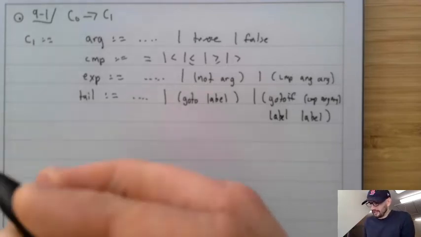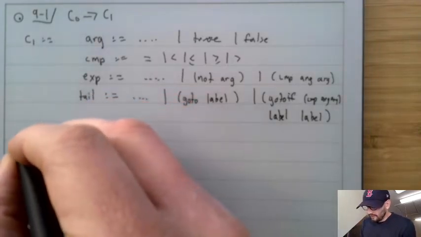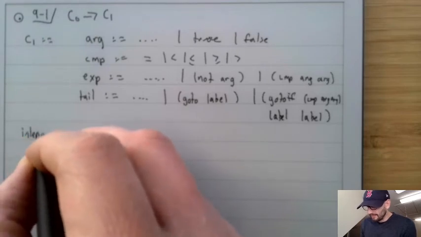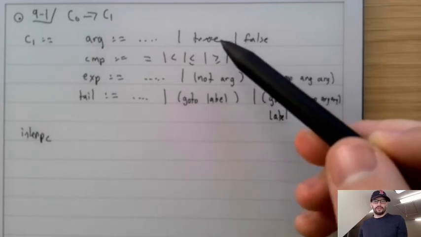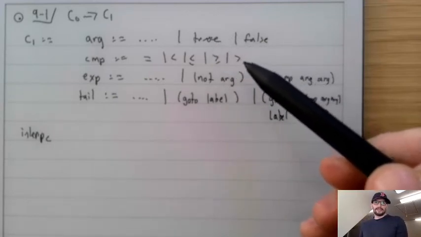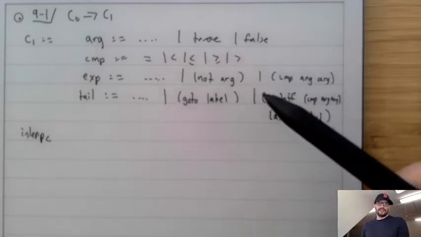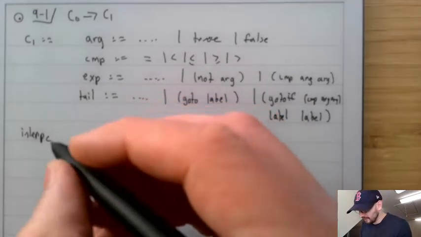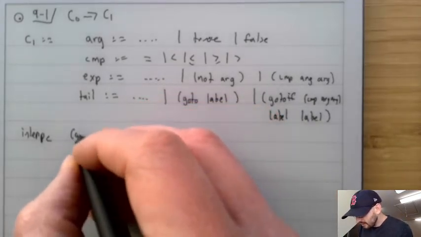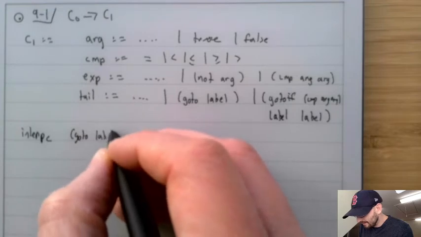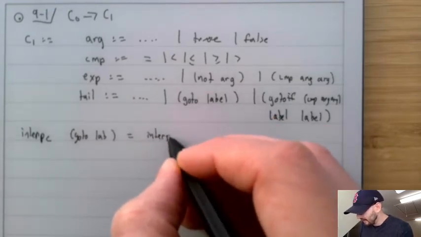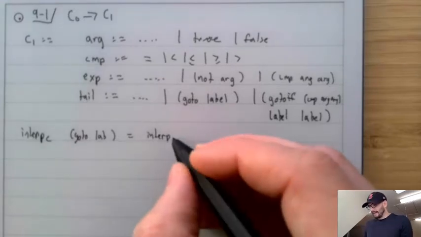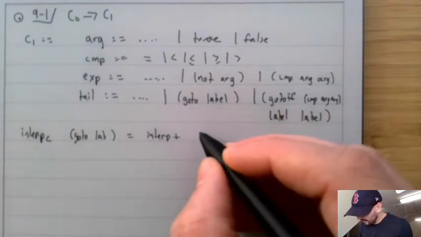Now the interpreter for this is going to be pretty straightforward. So when we interpret a C program, obviously you know what's going to happen with a true or a false. We're going to just represent those as true and false. Same with nots and compares. Okay, these ones are the more interesting ones. So if we interp a goto of a label, all we're going to do there is interp the tail where we look up.